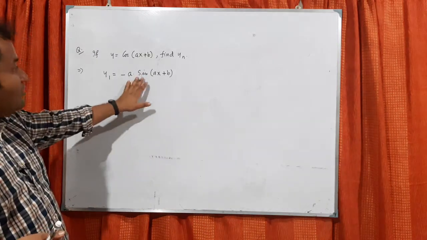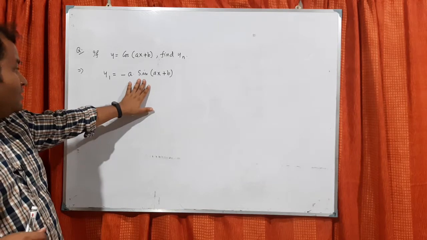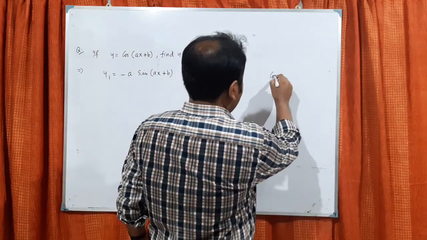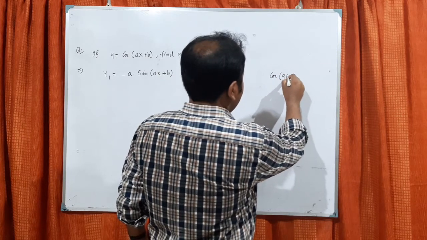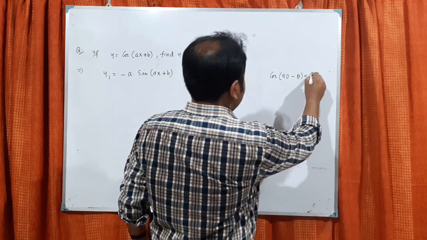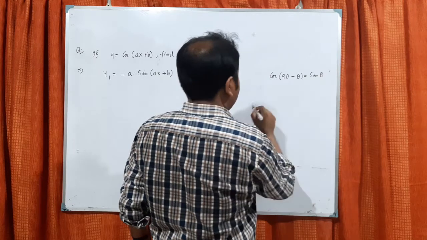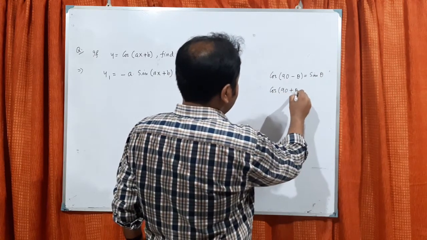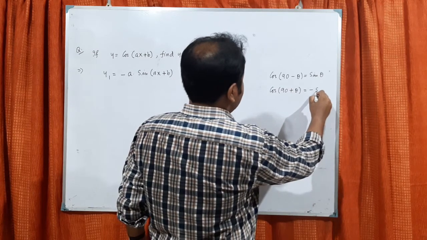So the necessary condition is that the value should not fluctuate. Now how can we do that? There is one method. We know this formula: cos of 90 minus theta is sine theta. What about cos of 90 plus theta? This is nothing but minus sine theta.